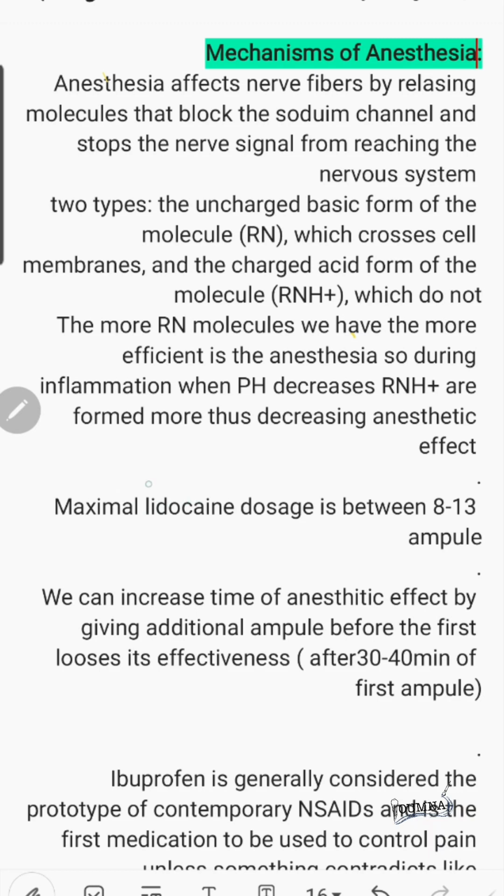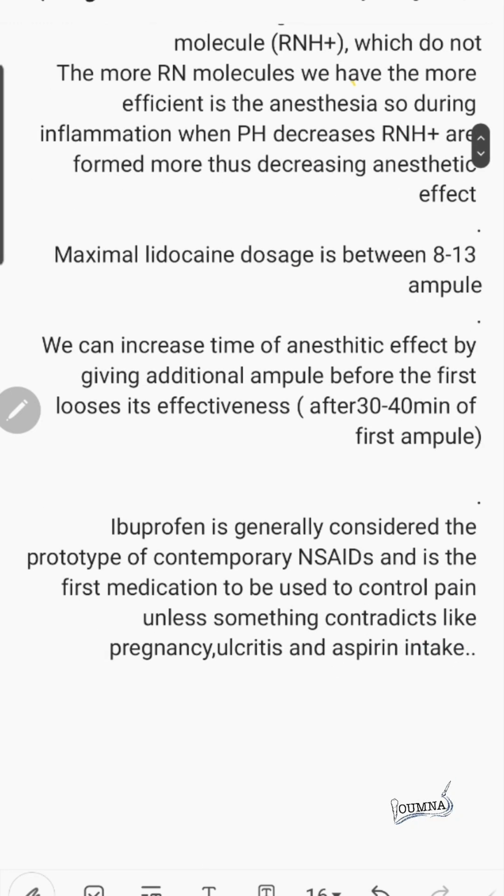The maximum lidocaine dosage is between 8 to 13 ampules. We can increase the time of anesthetic effect by giving an additional ampule before the first loses its effectivity, which means after 30 to 40 minutes of the first ampule. Ibuprofen is another way of controlling the pain, which is a non-steroidal anti-inflammatory drug.